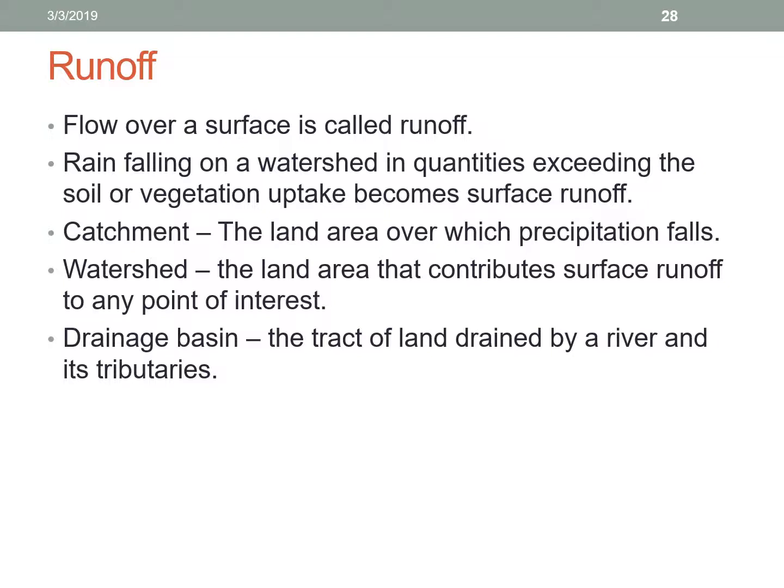Rain falling on a watershed in quantities exceeding the soil or vegetation uptake becomes surface runoff. Catchment, the land area over which precipitation falls. Watershed, the land area that contributes surface runoff to any point of interest. These are definitions. Drainage basin, the tract of land drained by a river and its tributaries.